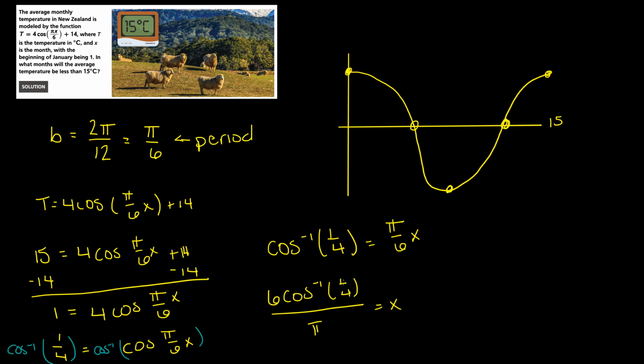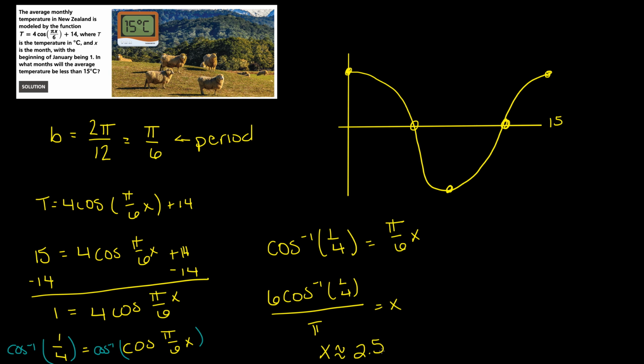And at this point, I would have to use a calculator. I personally don't know what angle would give me 1/4. So I'm going to use a calculator for this. And what I get is x is approximately 2.5.